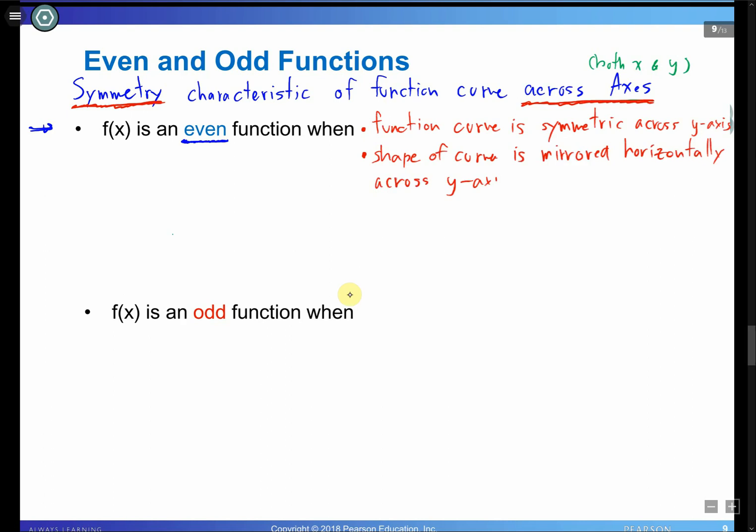Same thing. You can think of this as symmetric across the y-axis, or it's mirrored across the y-axis.